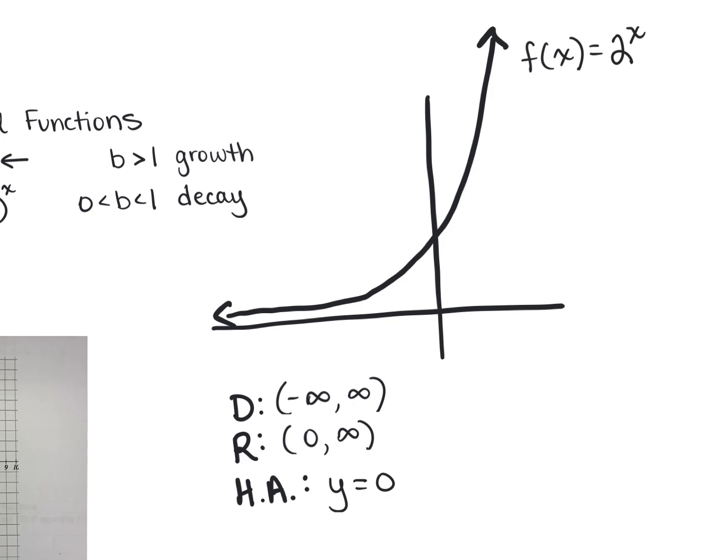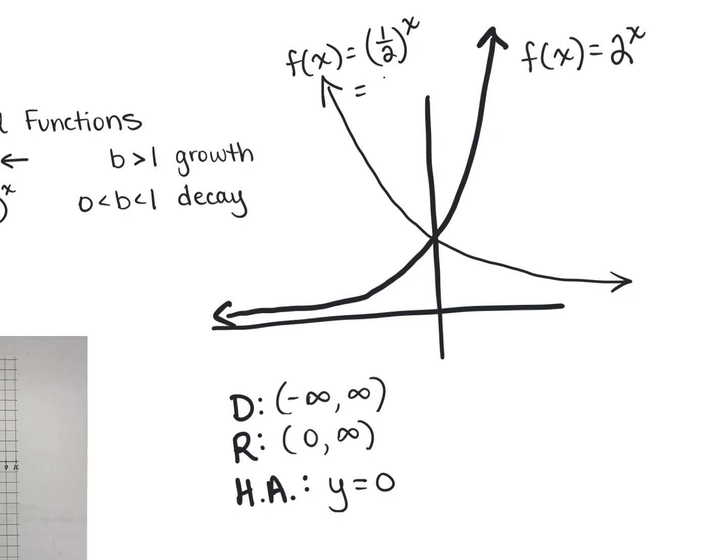If we were going to look at f of x equals 1/2 to the x, the reason that this is going to be a reflection that goes this way, because I said it reflects across the y-axis, is because we can rewrite this as 2 to the negative first raised to the x power, which is just 2 to the negative x.